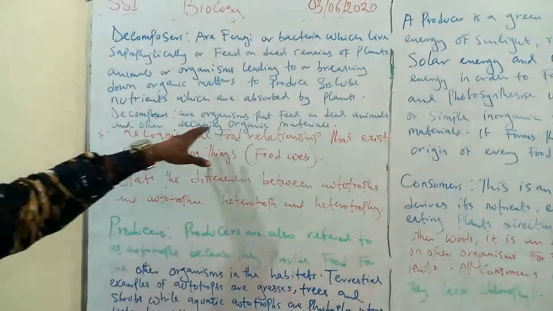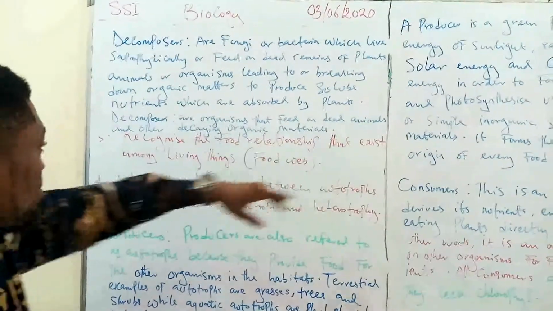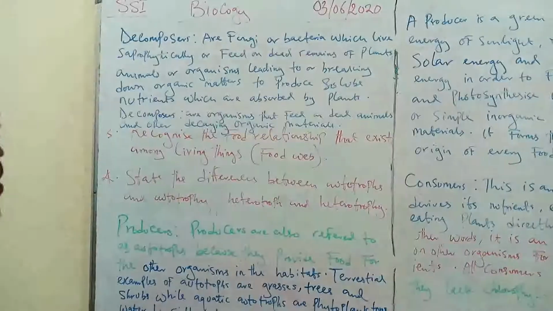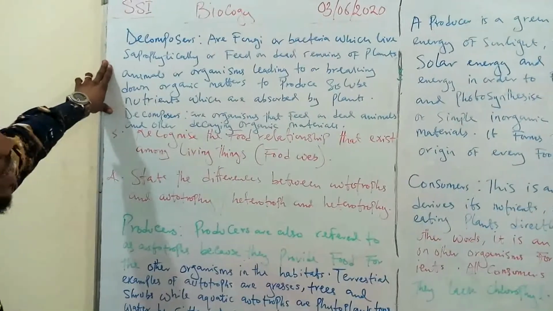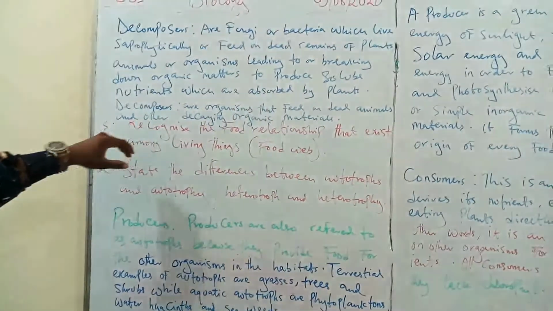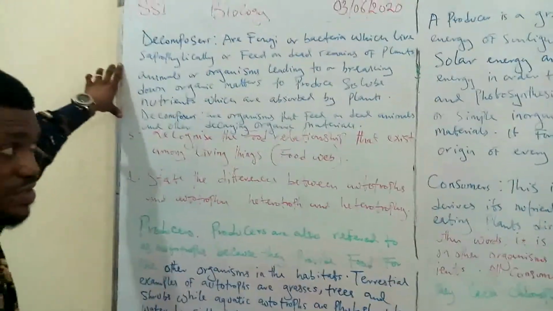Decomposers are also organisms that feed on dead animals and other decaying organic materials. Don't forget, we say that they are either fungi or bacteria. They also act at times as catalysts.